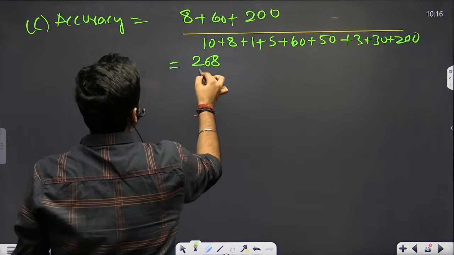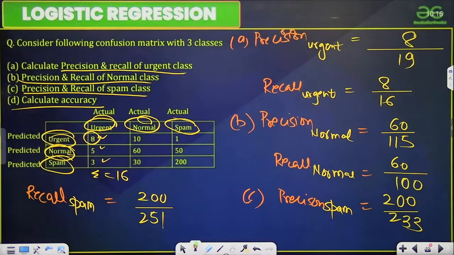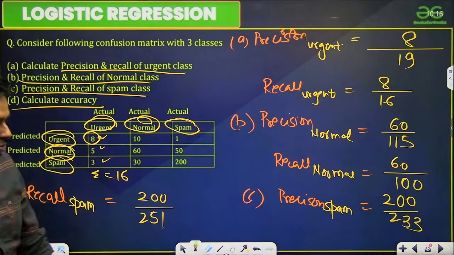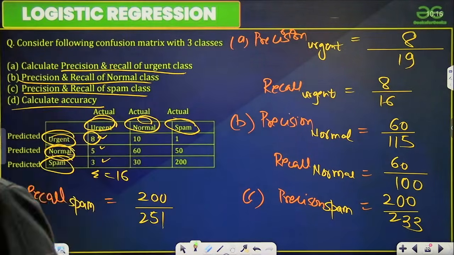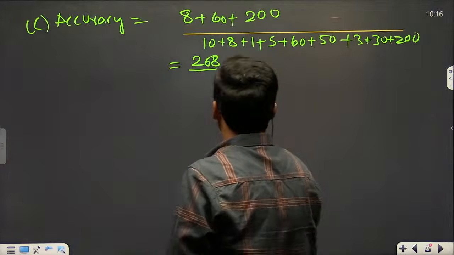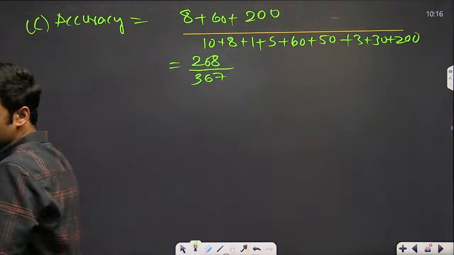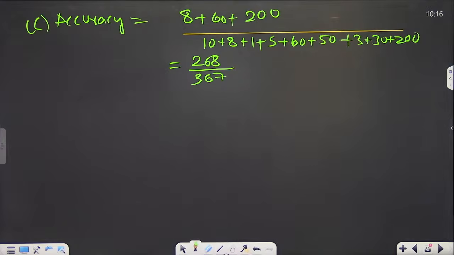This would be 268 upon the total sum. Let's calculate the total sum, it comes to 367, correct. So the total sum would be 367. This is how we have to calculate accuracy.